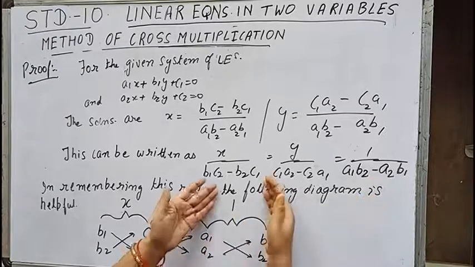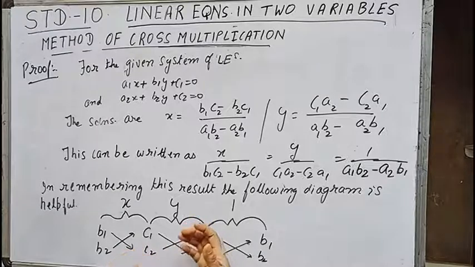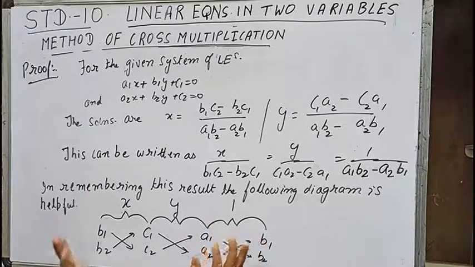So actually this one is this one only, and this one is this one only. So you should understand the concept. Actually, if you try to memorize or learn, it will not be proper. So children, understand the concept and then let us proceed. In the next, I will be writing the steps how to solve a sum by the cross multiplication method.